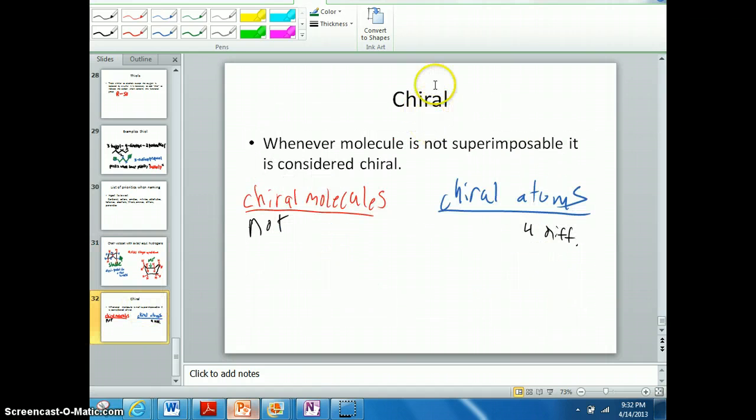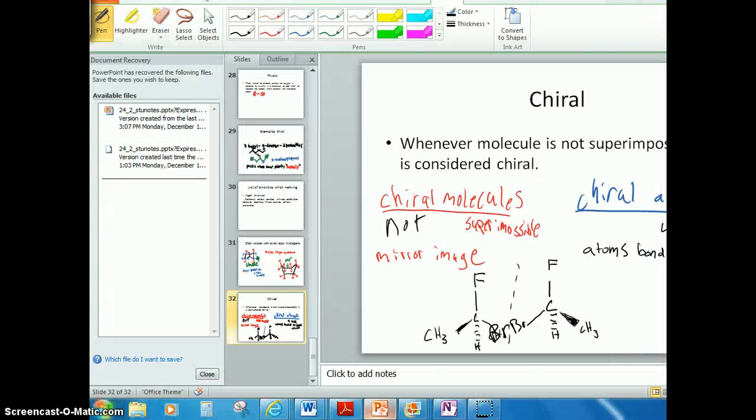Finally, we have chiral. When a molecule is not superimposable, it is considered chiral. Alright, so I came back and I wrote in some stuff here. Chiral molecules are not superimposable. They're kind of like a mirror image you have here. Here's my fluorine on top, my bromine.